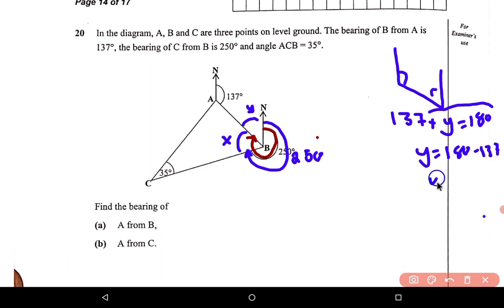So we can easily find y, and we're going to see how that is important.